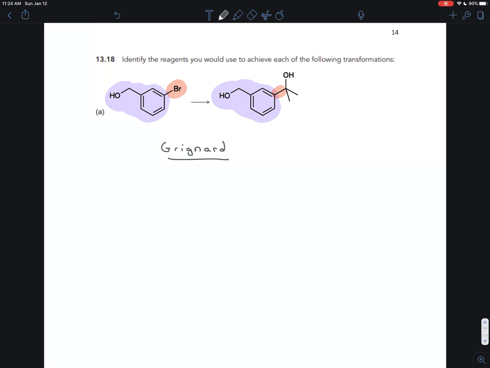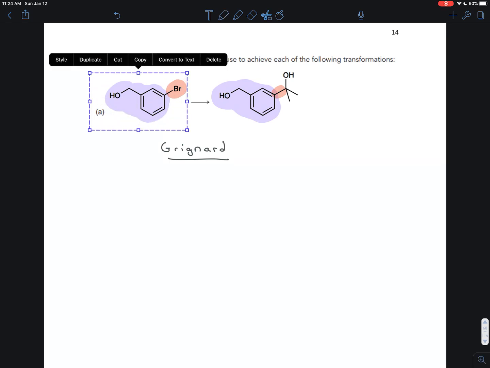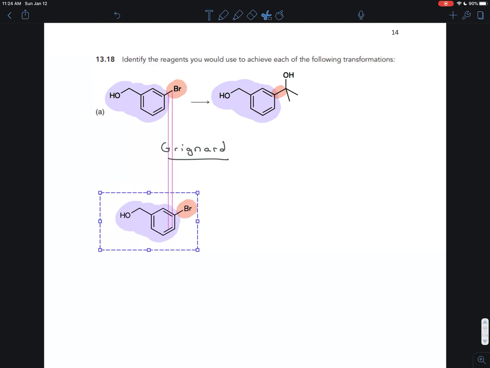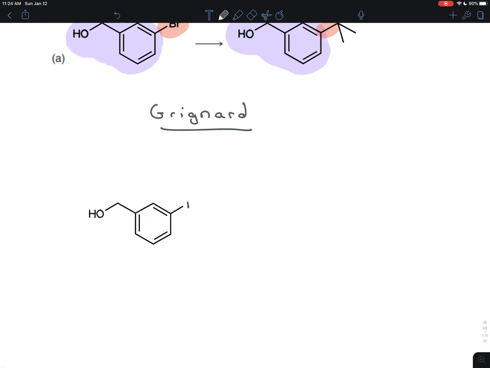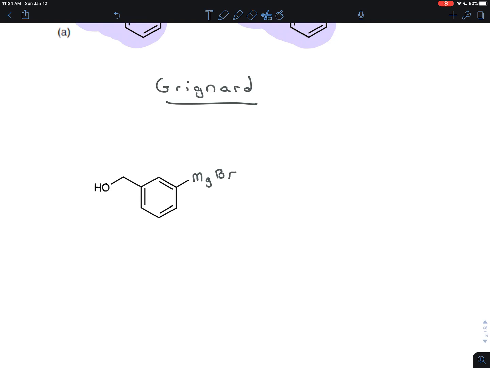Okay, so we know we have to do a Grignard reagent, but we can't just dunk some solid magnesium into a solution of this molecule. You might think you insert that magnesium in there and turn this into a Grignard reagent, but if you try to make that Grignard reagent by dunking some magnesium in there, the Grignard on one of the molecules will react with the alcohol on another one of those same molecules, right?